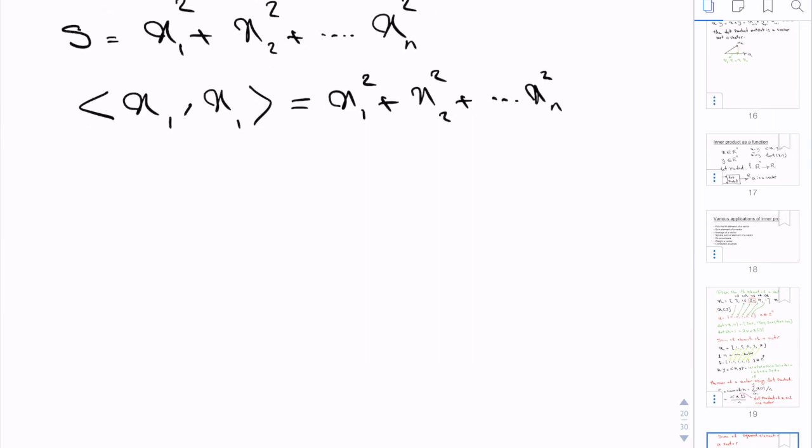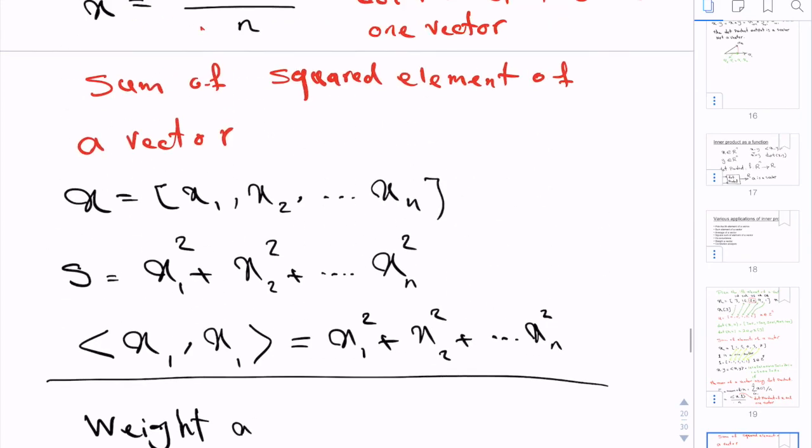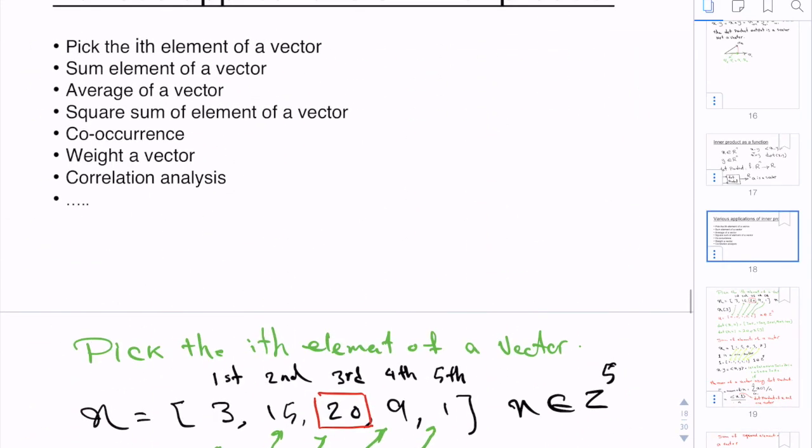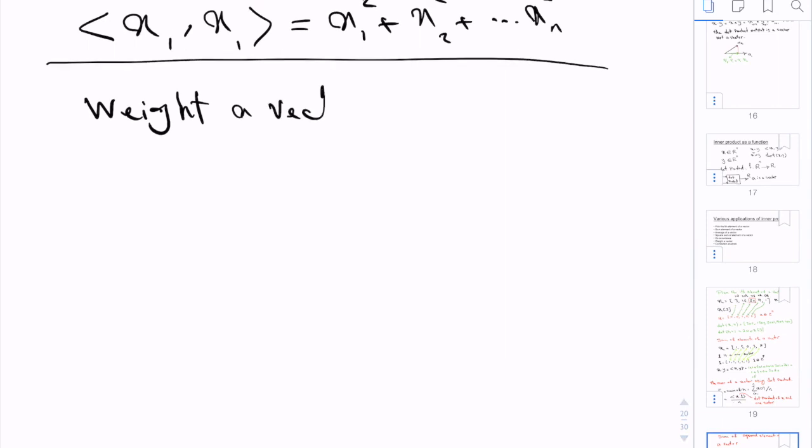So what does weighting mean? This is very important, as I said: when you have different data and you want to aggregate them with different weights, we do the weighting.